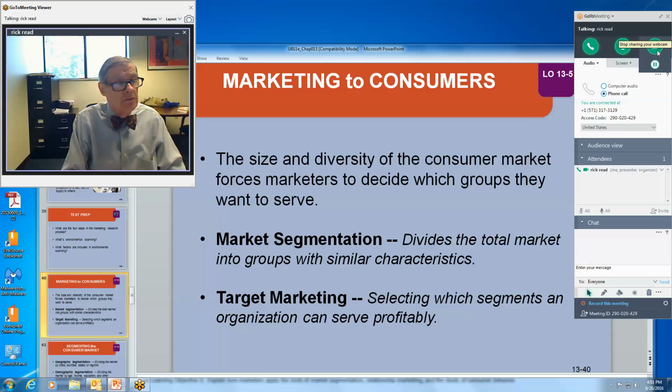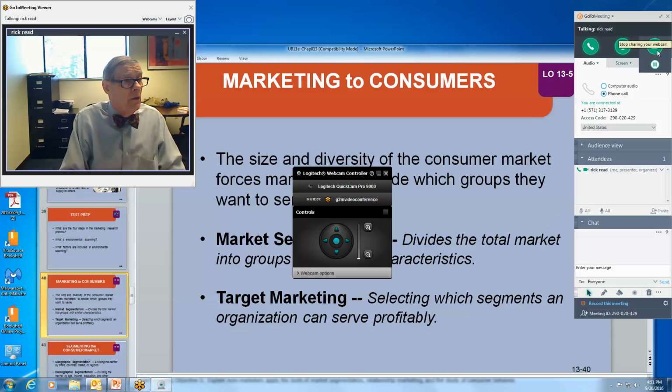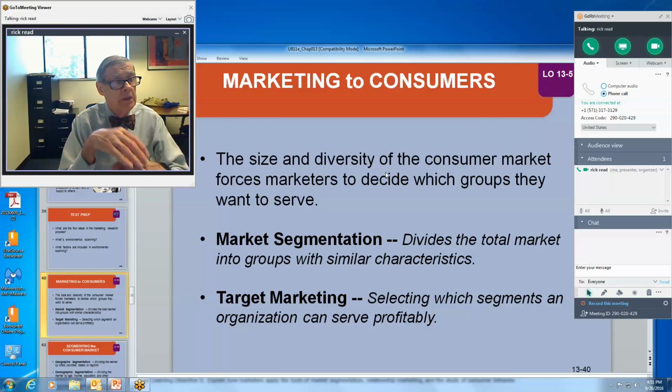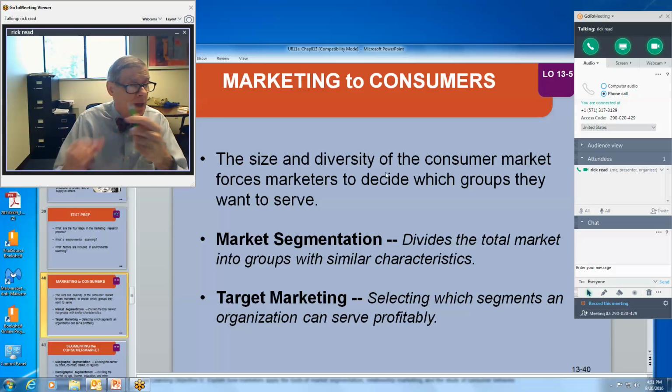So we have market segmentation, and we divide the market into wedges, if you will, that have similar characteristics. A target market, on the other hand, is selecting a segment or segments where the organization can be profitable. In other words, where it can sell its product and earn a profit.